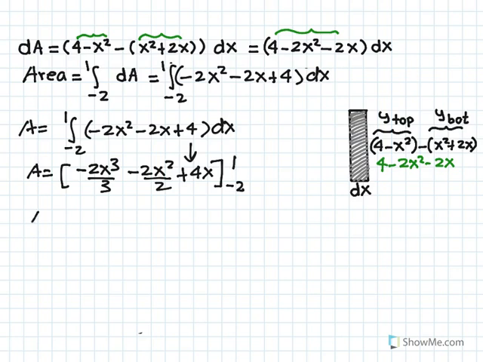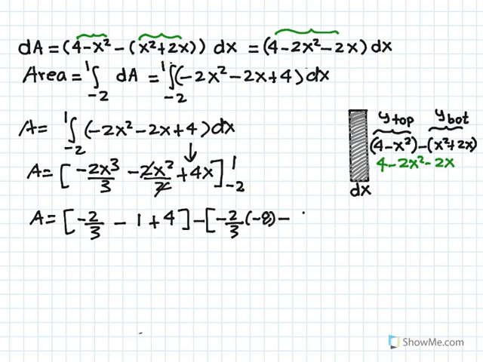Putting the upper limit in, the area is minus 2/3 minus, the 2's cancel out, 1 plus 4 times 1, which is 4, minus, now put the lower limit in, minus 2/3 times minus 2 cubed, which is negative 8, minus minus 2 squared, which is 4, plus 4 times minus 2, which is minus 8.